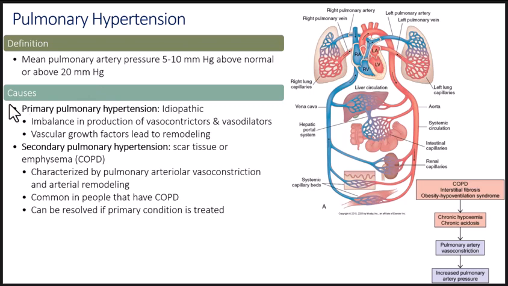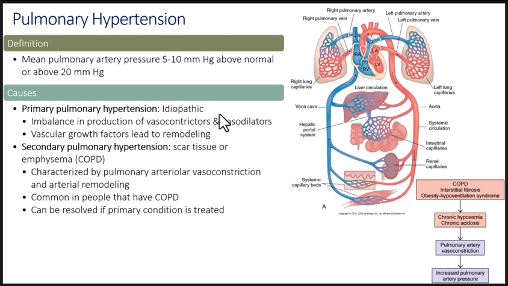A lot of times when we talk in this course about different causes, we will look at primary forms and secondary forms. Primary forms of pulmonary hypertension, called primary pulmonary hypertension, are a lot of times idiopathic, where there's no specific cause.